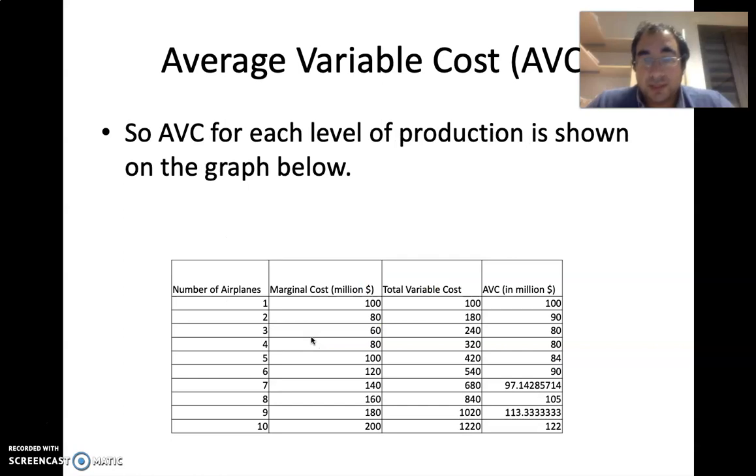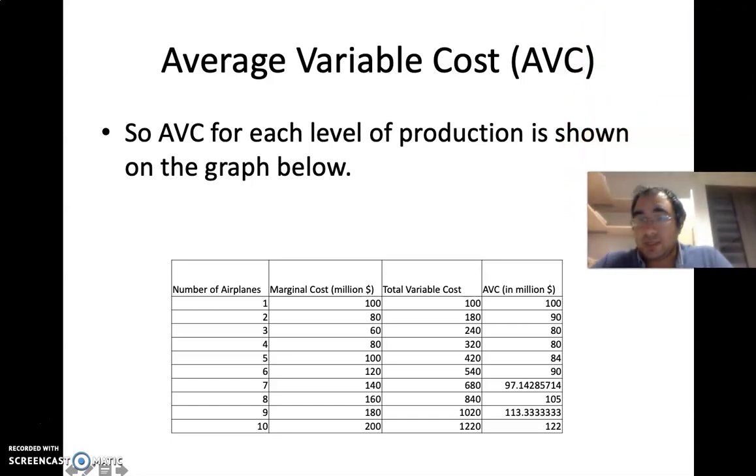Well, here you see an interesting relation, and that relation will be important for us. We won't see immediately at this point why it will be important, but in next week's lecture we will see it. As you see, the average variable cost is not at its lowest point when the marginal cost is at its lowest point.